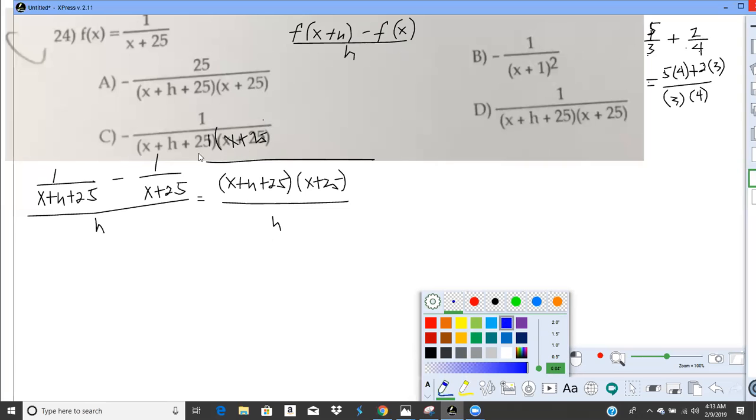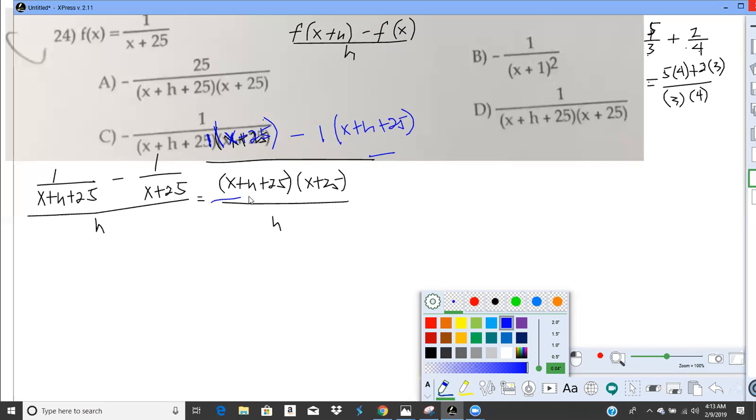So this becomes 1 times x + 25, minus 1 times x + h + 25.